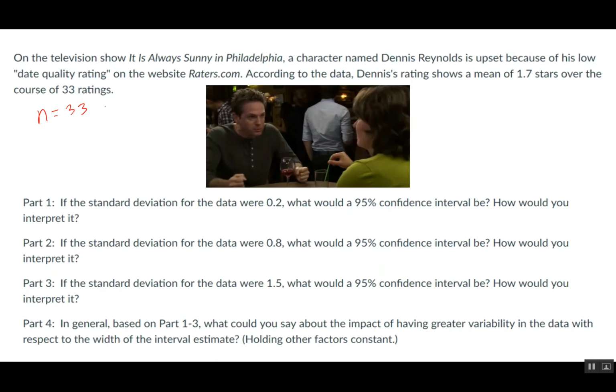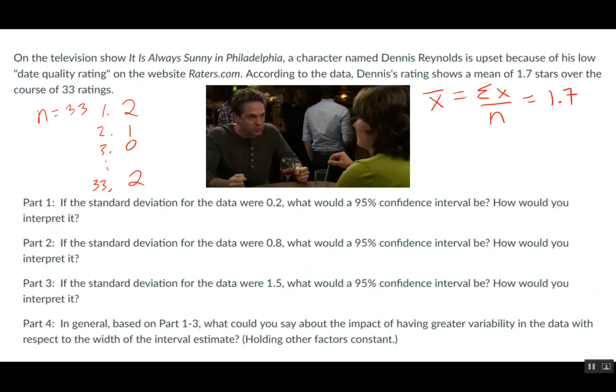So in other words, if you look at entry number 1, entry number 2, 3, all the way up to 33, there are going to be different values of stars. 2, 1, this person here gave 0, maybe 2 at the end, right? So what is the average of all these values? Well, you add them up and you divide by the total. That would be x bar, because that's the sample, equals add up all the x's and then divide by the total. And the answer to that is 1.7.